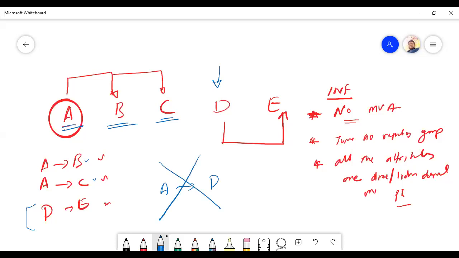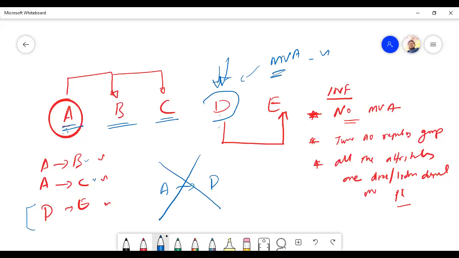In this case, D is not directly or indirectly dependent on A. So if you find a case like this, where an attribute does not depend directly or indirectly on the primary key, then you can simply say a multi-value attribute is there. This is a multi-value attribute.